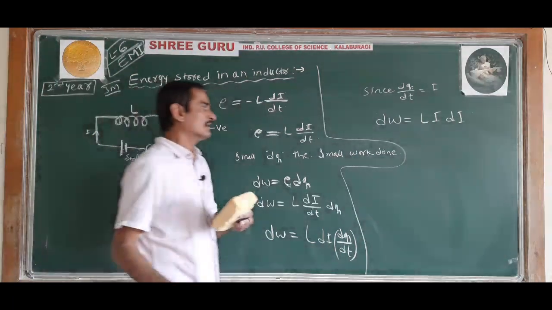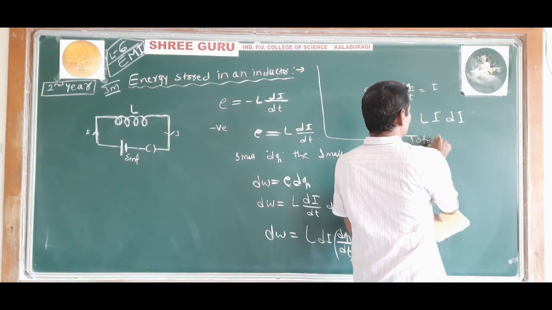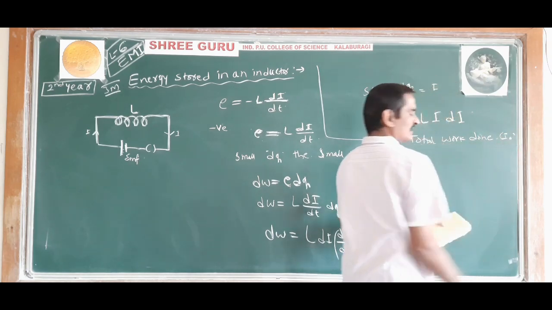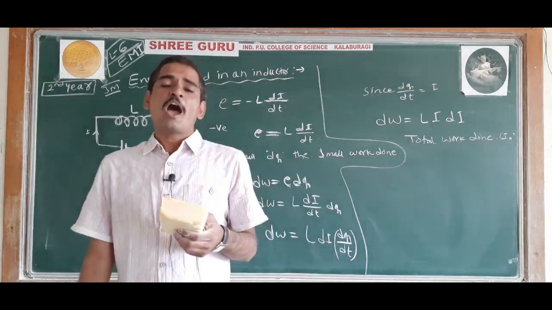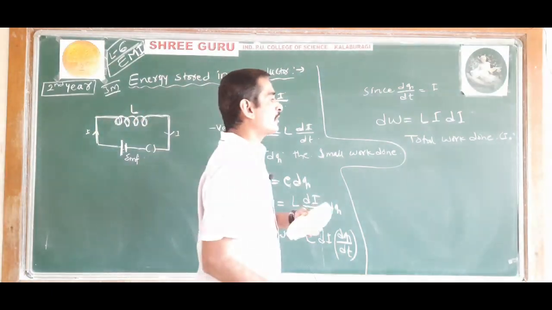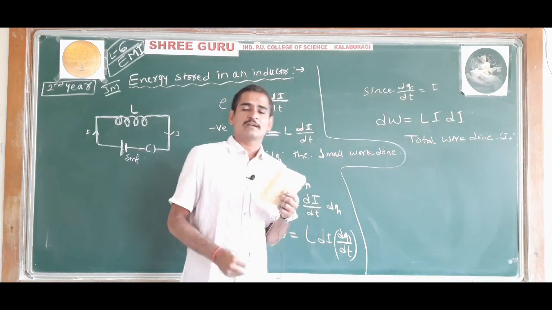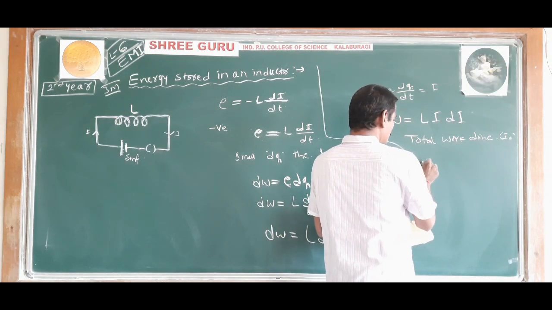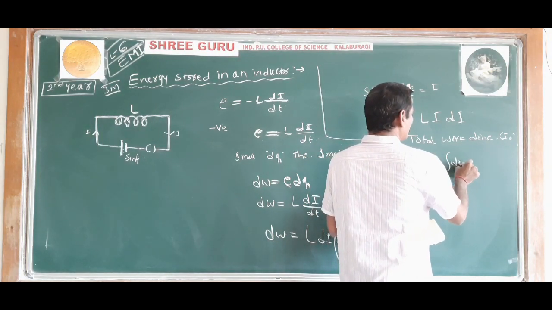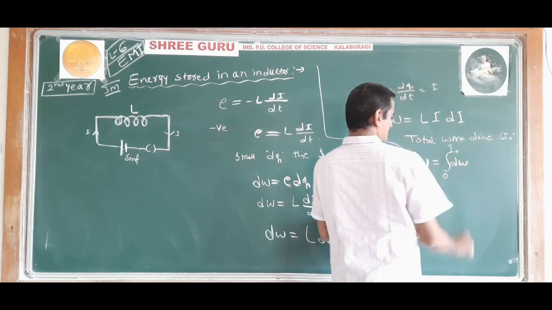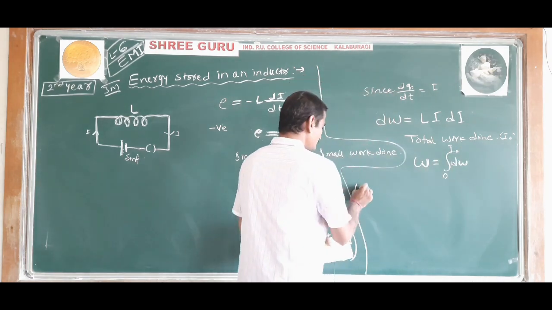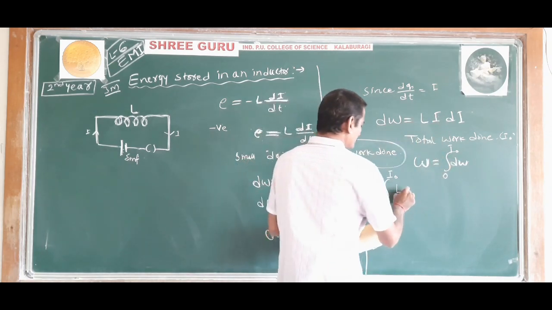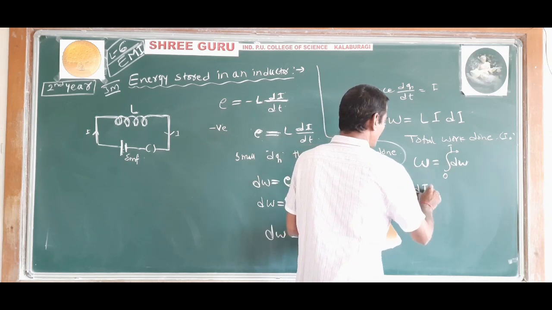The total work done to maintain the maximum current I0 in the inductor is given by W is equal to the integration of dW from 0 to I0, and dW is nothing but L I di.